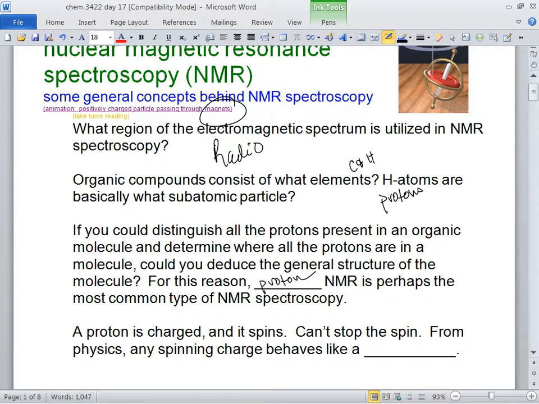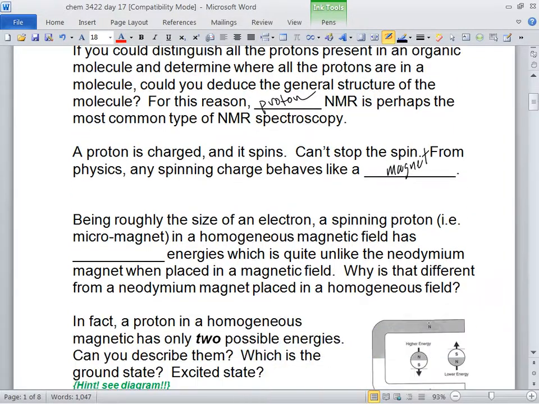By having that charge spin, it behaves like a miniature magnet. This is really curious. I can't think of another field of spectroscopy where it's the magnetic field of the light that interacts with matter. NMR is pretty much the only one where the magnetic field is interacting with the matter, not the electric field. Okay, we're back to Brandy.